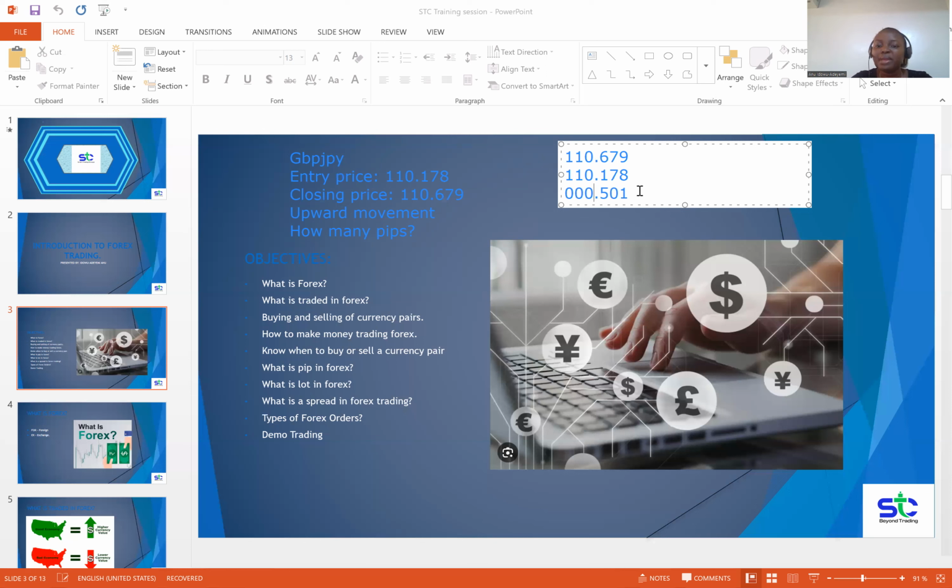Now, let's go back to when I was defining pips. I said you can always ignore the pipette. So what is the pipette? It is the last digit, the third digit after the decimal, which is 1. The pip is the second digit after the decimal, which is 0. And I said any digit before the pips is important.